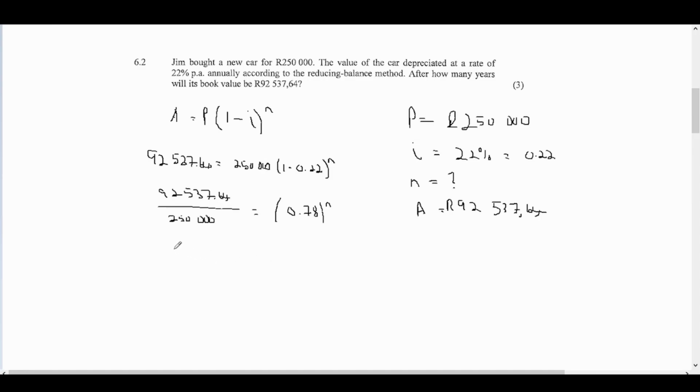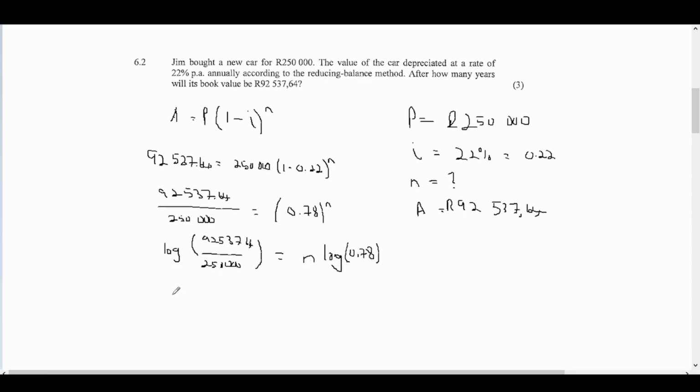So this becomes the log of this lovely number here, 92,537.64 divided by 250,000 equals, and then of course using our rules of log, we can move our n forward.